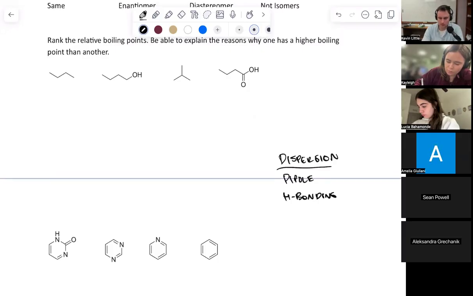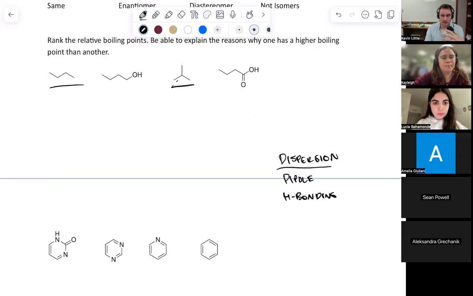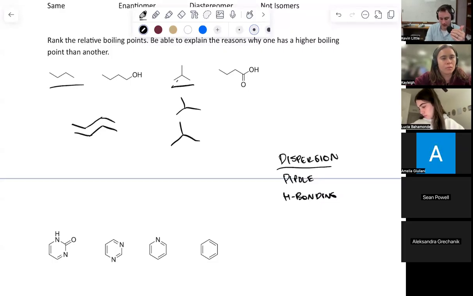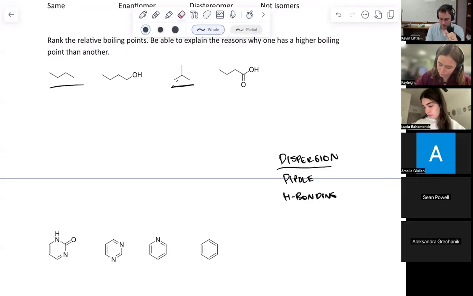In order for dispersion to really play a role, things are usually going to be noticeably bigger, or like in this case, the one on the right is branched. So it doesn't pack as well, right? It's harder for it to sit on top of each other, versus this, where I can pack it. This increases the boiling point. This makes them stick together a little bit more. So branching is a big one when it comes to dispersion forces.